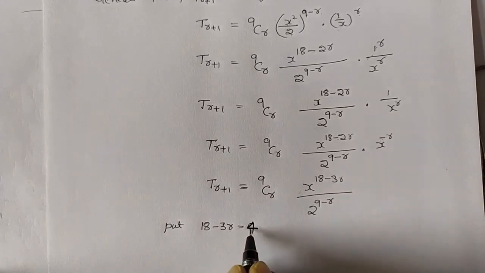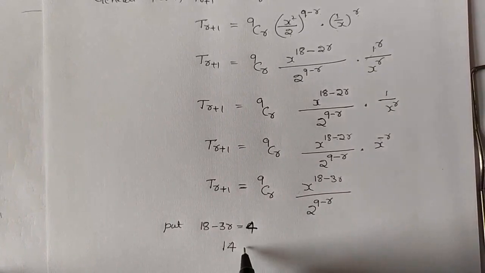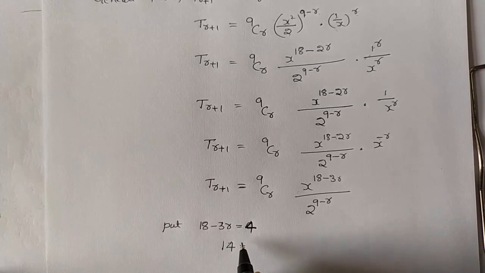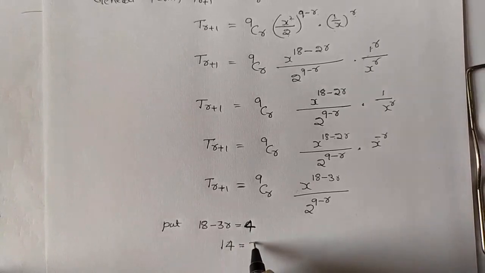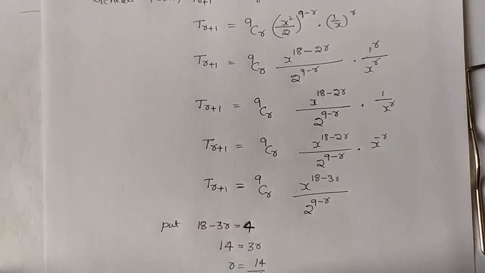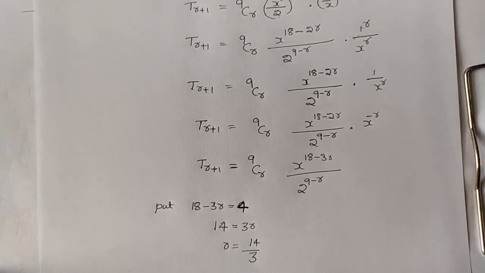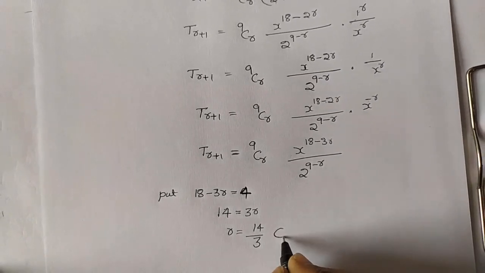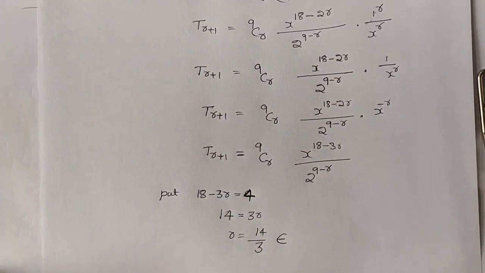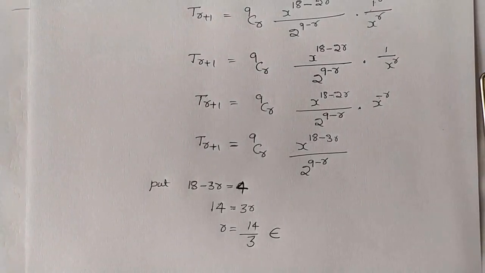Take this 4 to the left: 18 minus 4 is 14, equals 3r. Then r equals 14 divided by 3. Therefore r equals 14 by 3. Powers should not be in decimals. You should recall the binomial theorem definition.